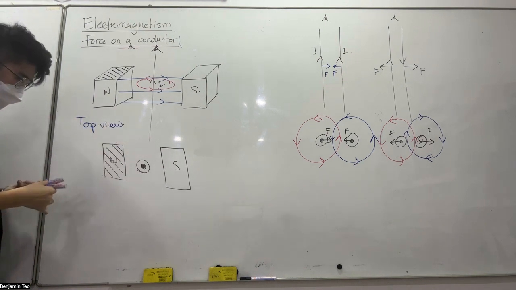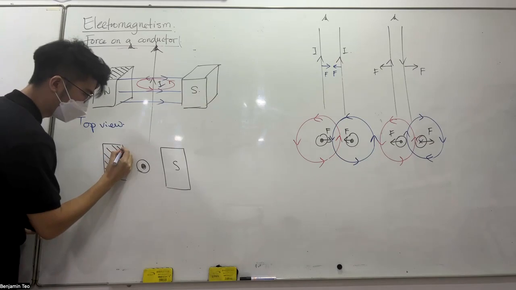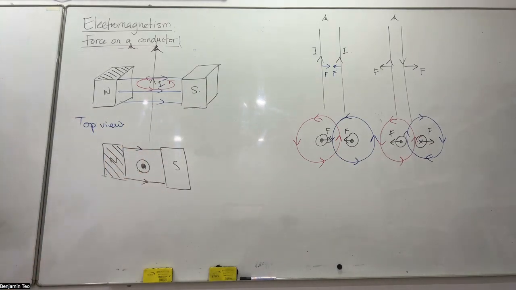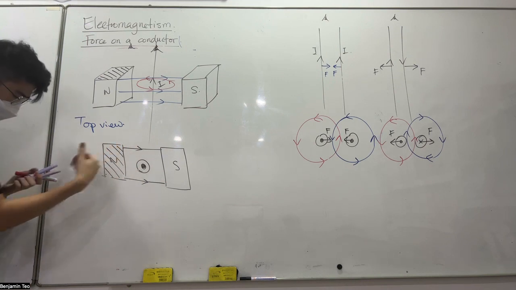Okay, now, first I draw the magnetic field of the magnet. I show only two. Then I draw the magnetic field of the wire coming out.